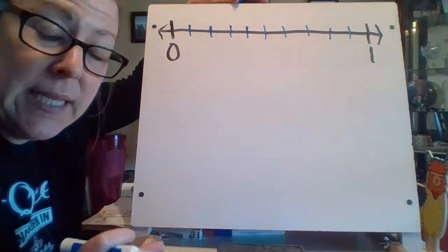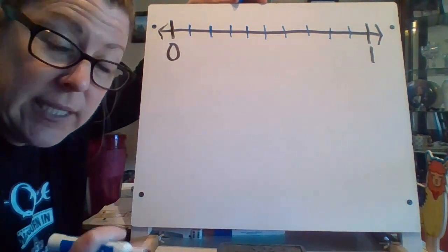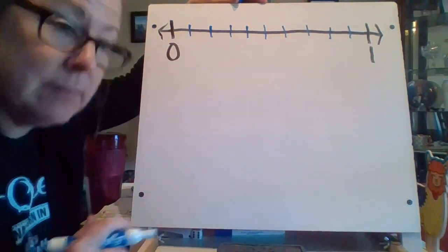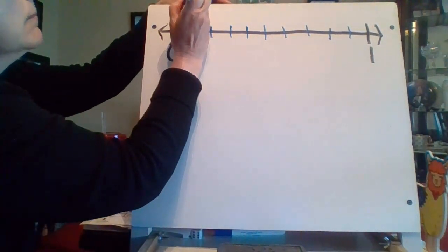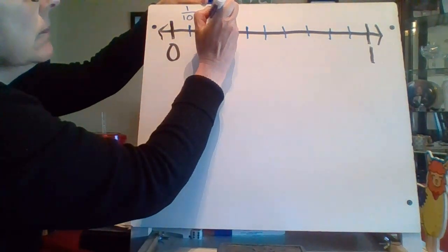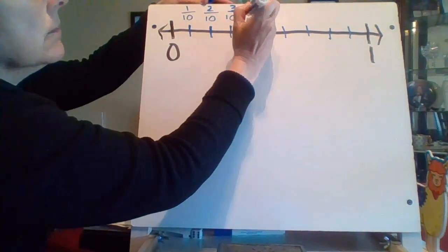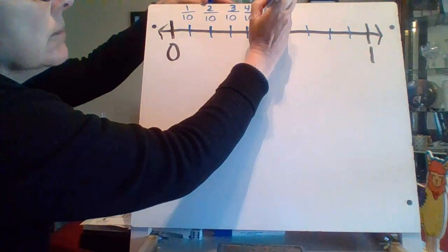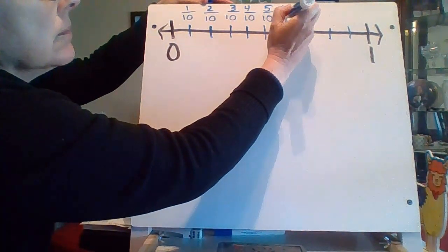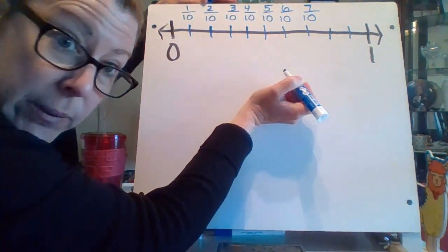So first I'm going to take my number line and I'm going to label the fractions. However, I'm going to label the fractions on top of the number line. And I hope you're doing this along with me.